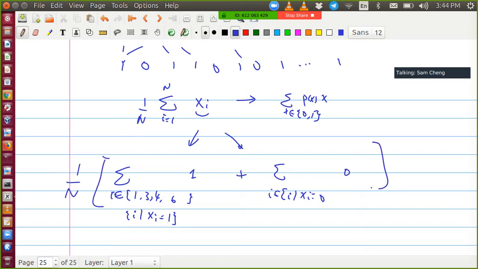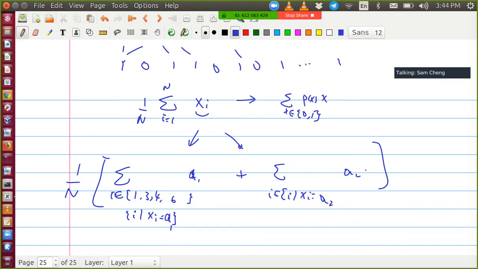Or in general, this is equal to A1 times the count, and this is equal to A2 times the count, let's say.